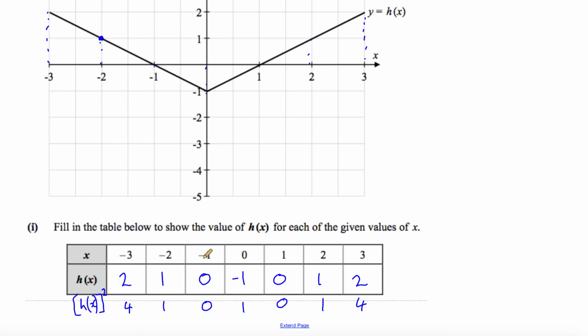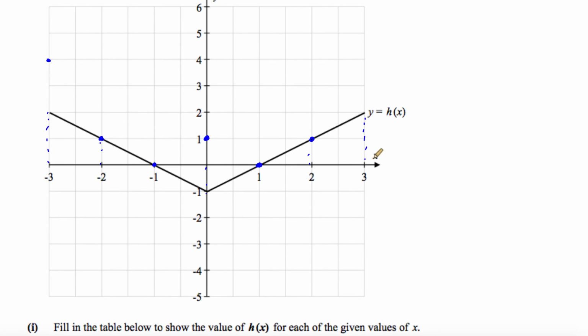Then we're going to have minus 1, 0. Then we will have 0, 1. Then we're going to have 1, 0. Then 2, 1, so over to 2, up to 1. And finally 3, 4, so over to 3 and up to 4.